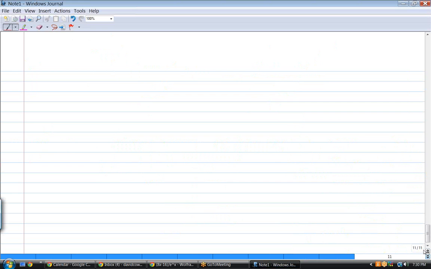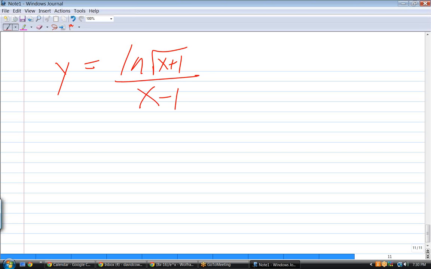was natural log, and then times root x plus 1 on the top. Is it the natural log of root x plus 1, like that, over x minus 1? Actually, no. The natural log is in front, and then the whole fraction is put under the square root, not just the x plus 1.